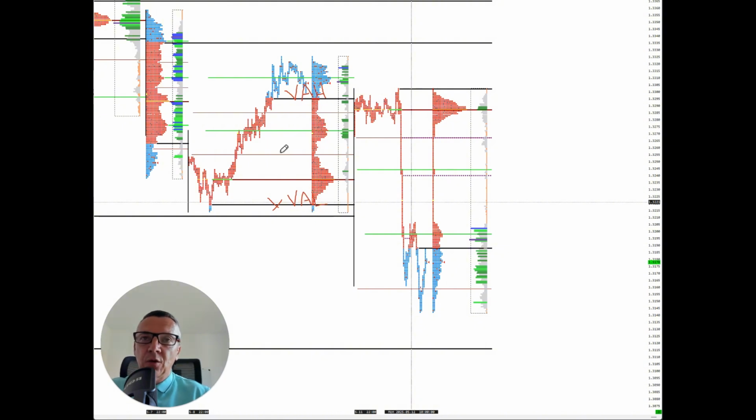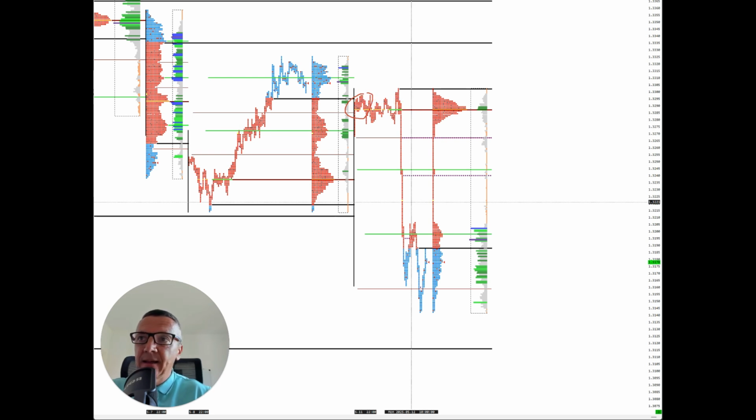So what does it actually represent? In this particular day, on Friday, in between the value area high and the value area low, this is where 70% of the transactions took place. When I wake up in the morning, I see where price has opened.